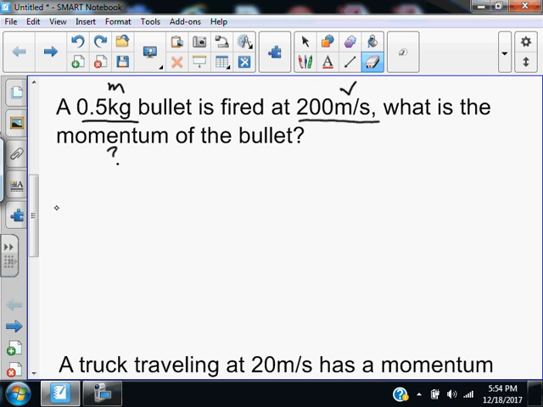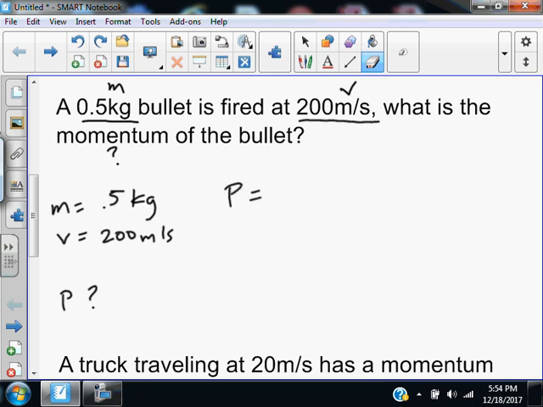So just going through the GUESS method here for you, the mass is 0.5 kilograms. The velocity is 200 meters per second. So you can see the velocity is very big, 200 meters per second, and we're trying to find momentum.